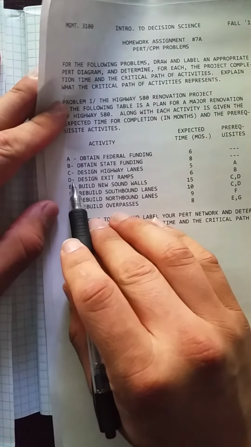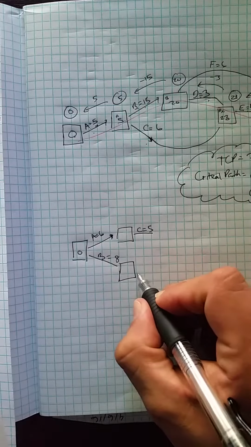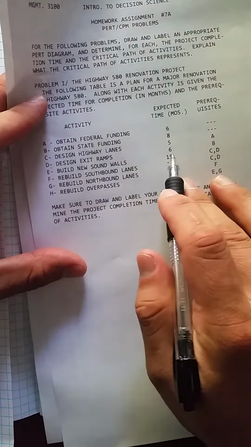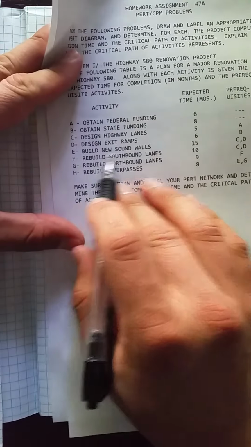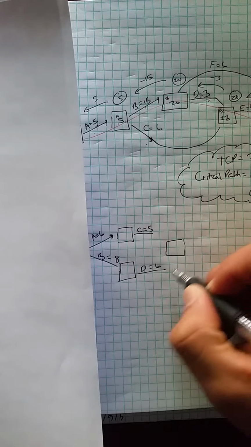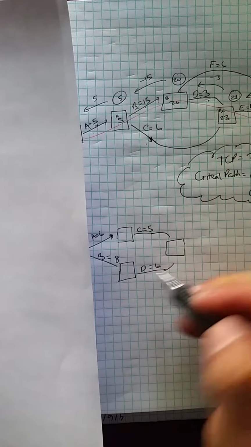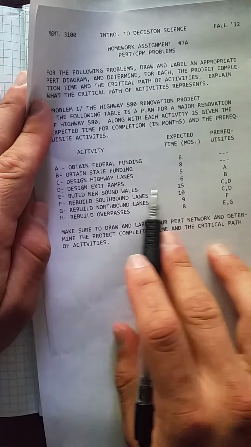Next we see D, and D is a prereq of B. So go ahead and draw a square. D will equal 6. Next we look at E. E has a prereq of C and D. This is where I mentioned it's not really necessary to put arrows.